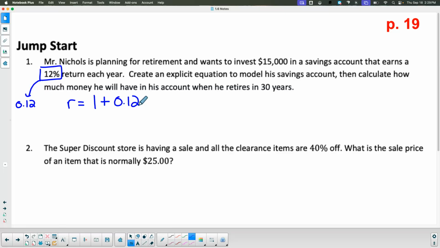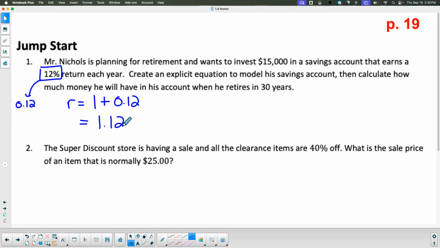That means my r value here is 1.12. The 1 is for 100%. If it didn't grow at all, it would stay at $15,000. So that's 100%.